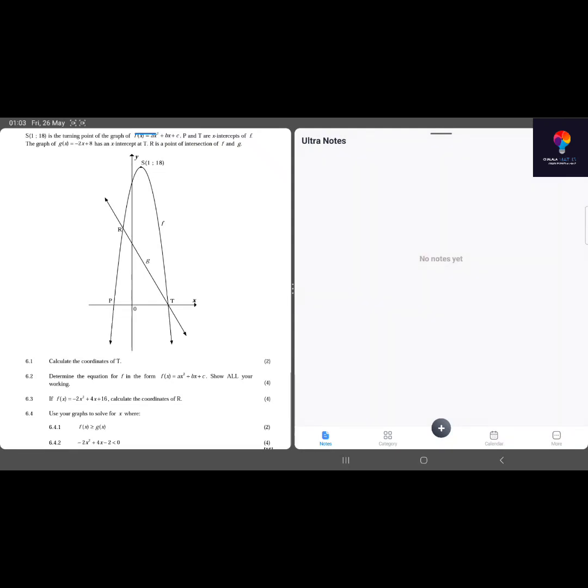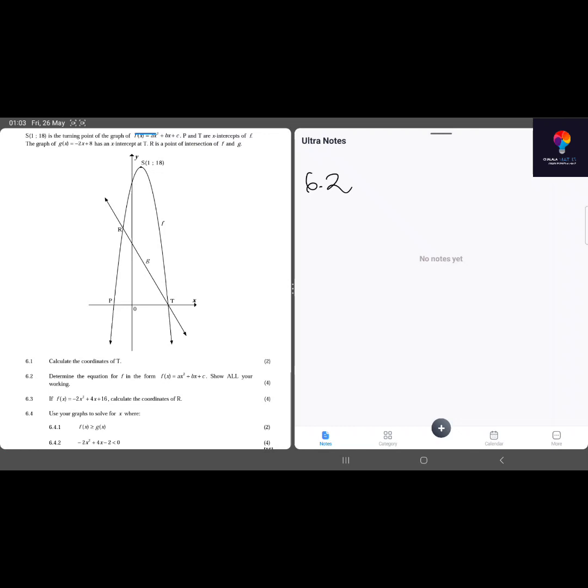Question 6.2 is saying we must determine the equation of f in the form f of x is equal to ax squared plus bx plus c, and you must show all your working.